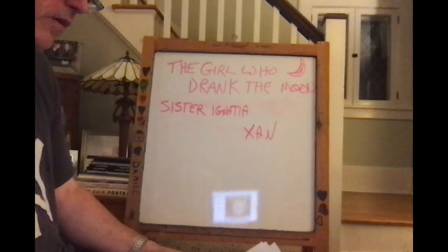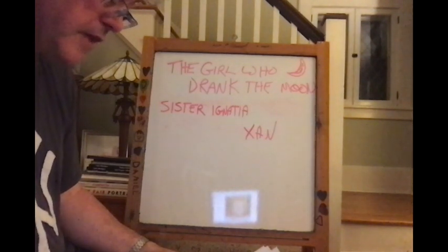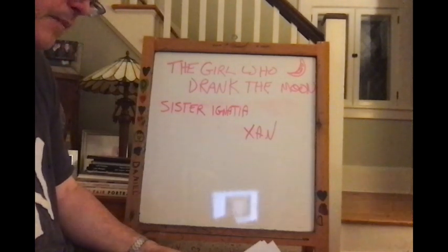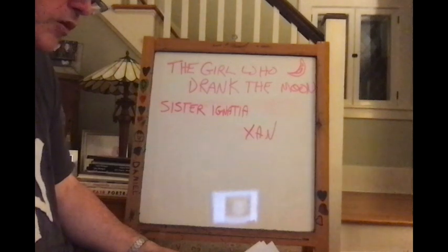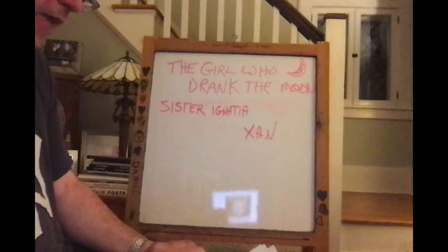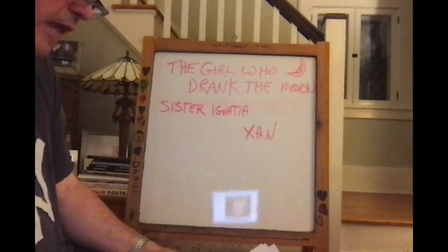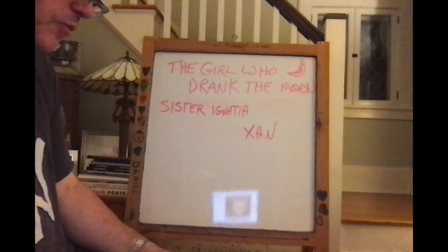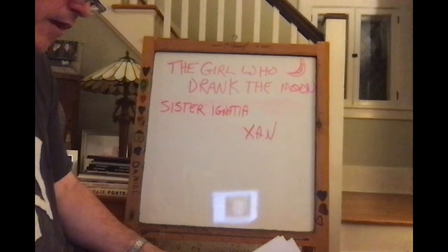Now, I've passed out to you sheets that have passages from the book. Everybody knows what a passage is. A passage is like a part of the book taken out from the whole thing. There's passages about Sister Ignatia, and there's passages about Zan. I've also passed out a blank Venn diagram.